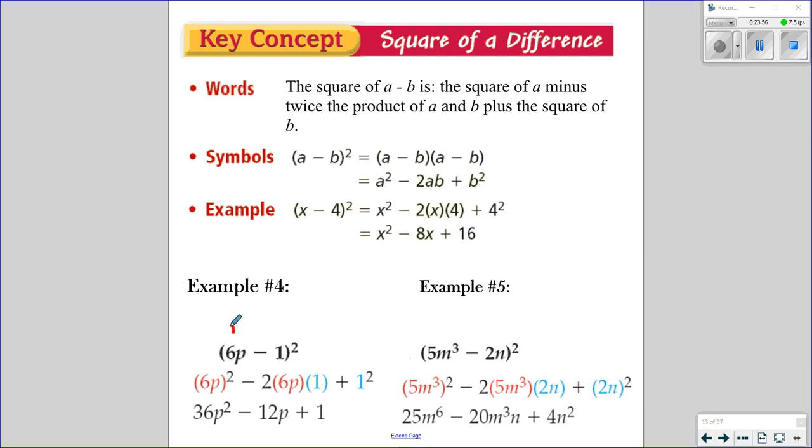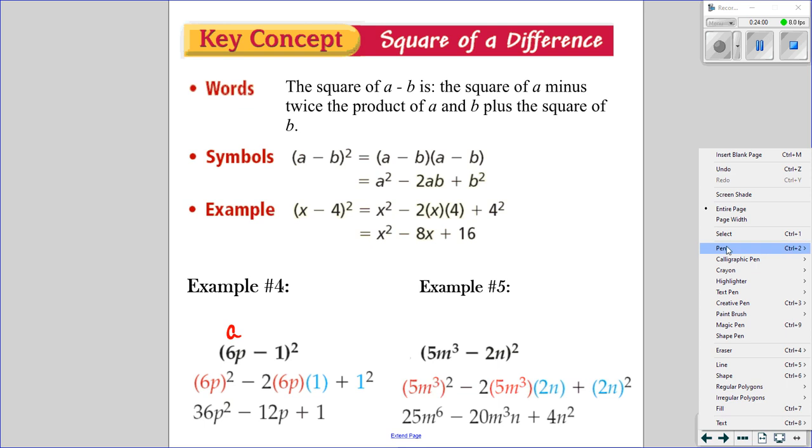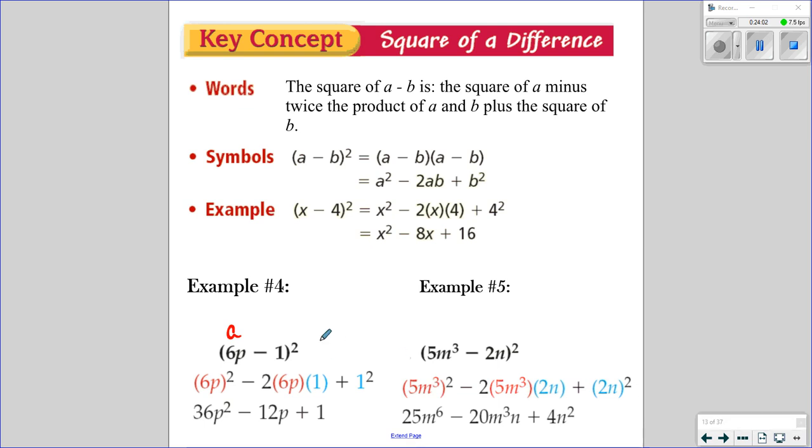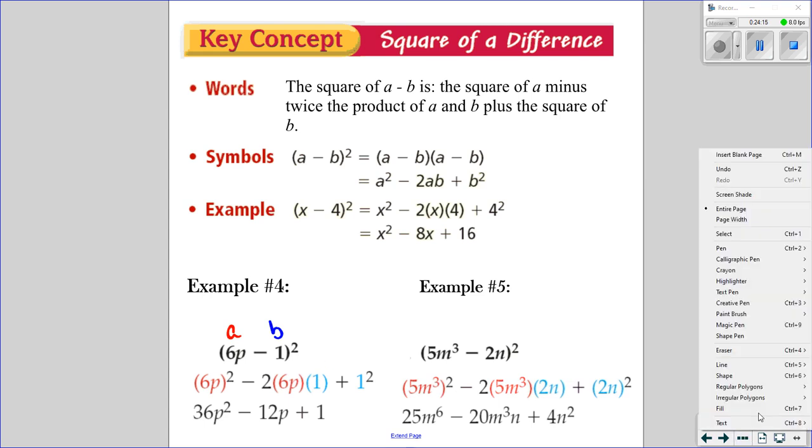So this one was our a, and then the b is negative 1. And there you go. Same thing with example 5. They replaced the a's with 5m, and then they replaced the b's with 2.